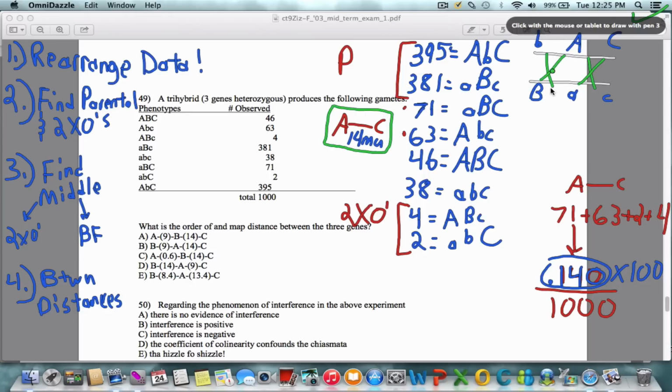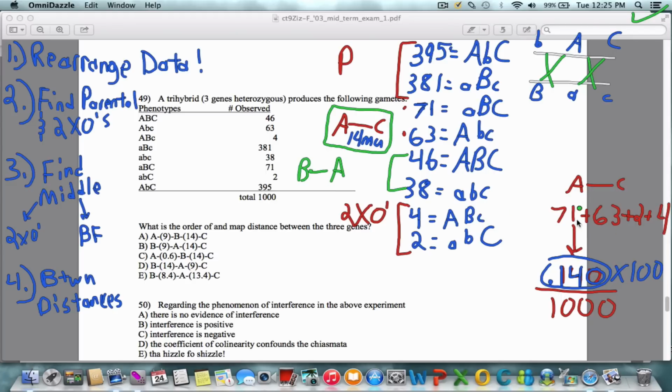So crossing over could have happened between the B and the A. And I know that it only happens there because if I had crossing over here, I would get big B, big A, and big C. So I'm going to use this to help me calculate the distance between B and A.